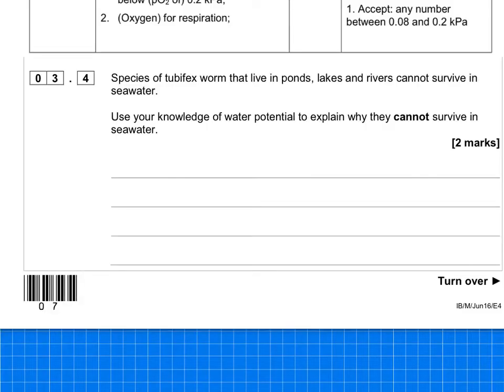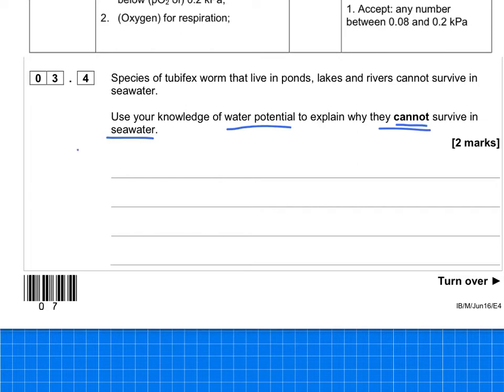3.4 says the species lives in ponds, lakes and rivers, but cannot survive in seawater. It says use your knowledge of water potential to explain why they cannot survive in seawater. Well, if we're talking about movement of water, water potential, then we're talking about osmosis.